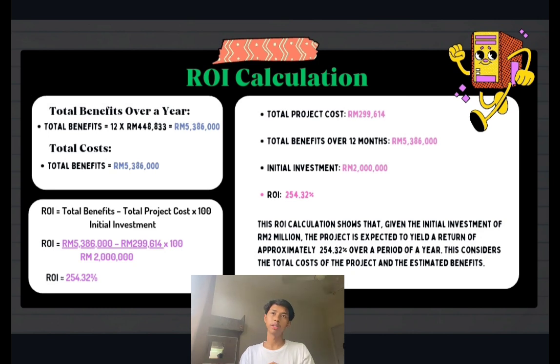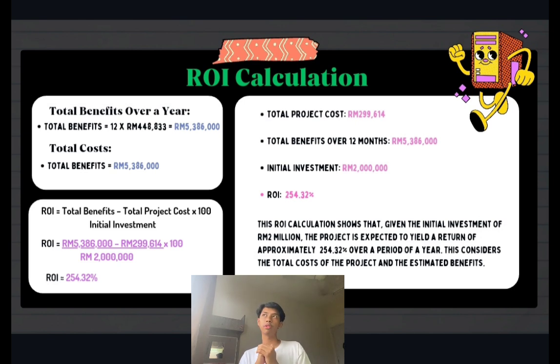For ROI calculation, the total benefits over a year, we can get about 5,386,000 ringgit, while our total cost is 299,614 ringgit. So we sum it up and we divide by initial investment, which is 2 million ringgit, and then we times with 100%.